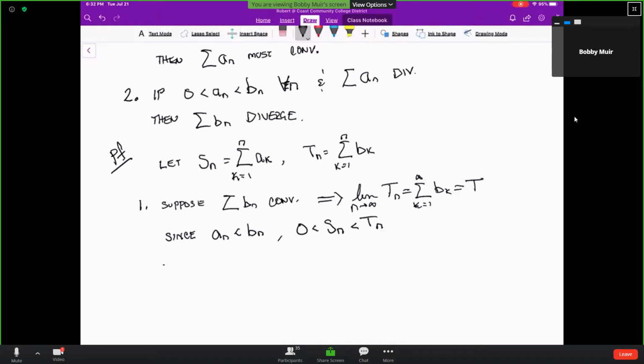And so the limit as n goes to infinity of the S sub n's is going to be less than or equal to the limit as n goes to infinity of the T sub n's, which we found to be T, which is finite.